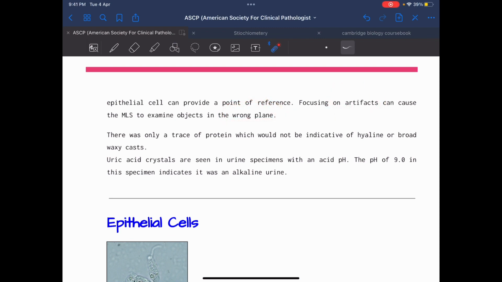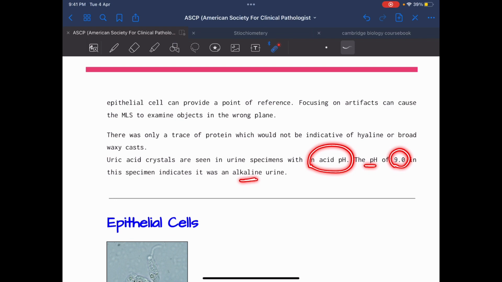For the other choices, there was only a trace of protein, which could not be indicative of hyaline or broad waxy casts. And uric acid crystals are seen in urine specimens with acidic pH. The pH of our specimen is 9.